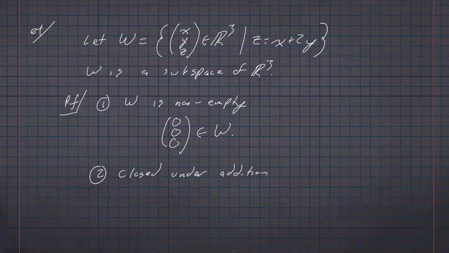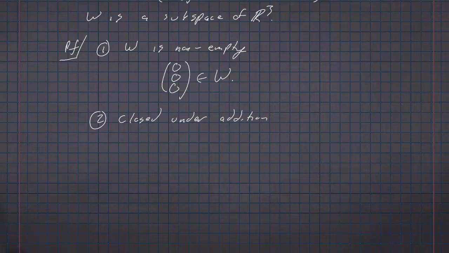Next, we have to show that we are closed under addition. Well, with this definition of W, we can pick any values we want for the first coordinate and the second coordinate, and then the third coordinate is automatically given to us.